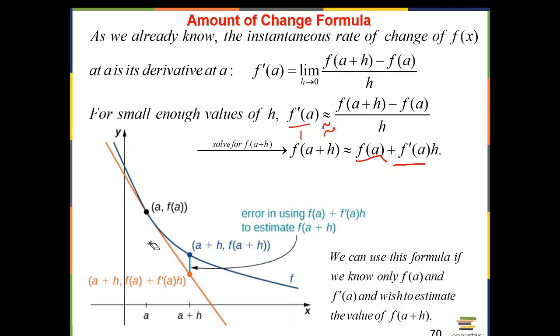So I'm going to use this right here. So here's a. I know the function value at a, and I know the slope of the tangent to the graph of the function at a. So what I want to do is to use those two values, f at a and f prime at a, and the fact that I have just a small distance from a to the right or to the left of it, I want to find the function value at a plus h, at that value right here.